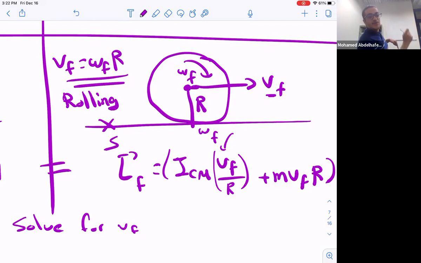That's why all of these terms are clockwise. The omegas are given to be clockwise, and even the M V R sense of rotation is clockwise because you're moving to the right and the point is down here. That's how I figure out the direction of angular momentum without crosses.